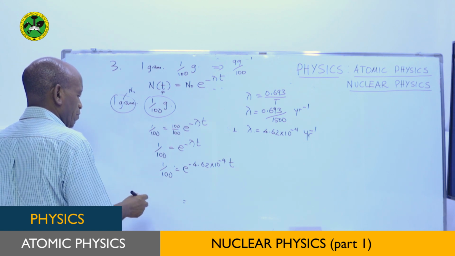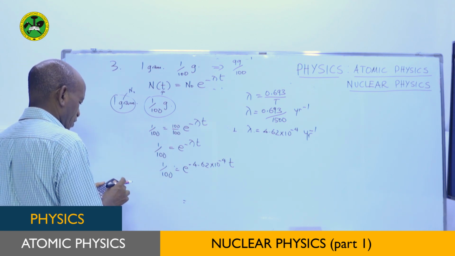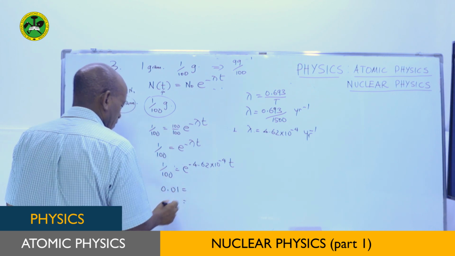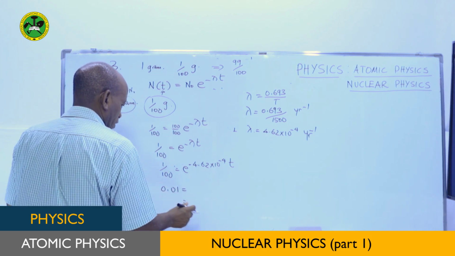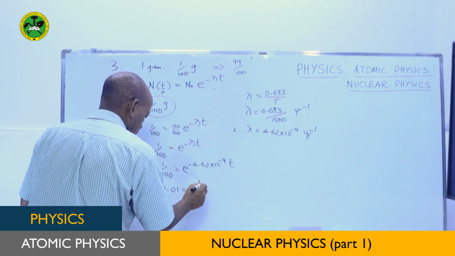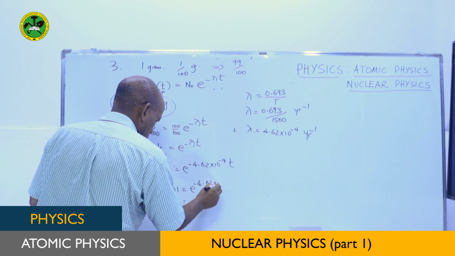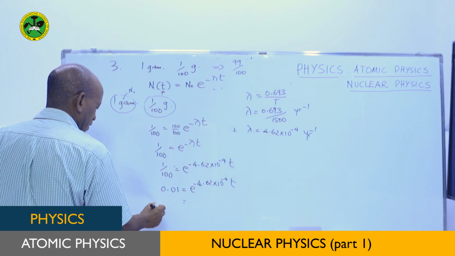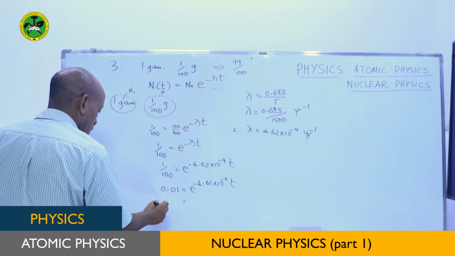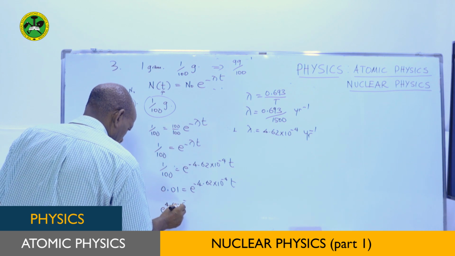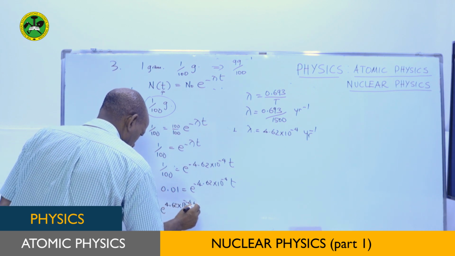And we can proceed computing: 1 over 100 is 0.01, and this is equal to e to that much, e power minus 4.62 times 10 power negative 4 t. And if I cross multiply, then I will just be having e power 4.62 times 10 power minus 4 t.